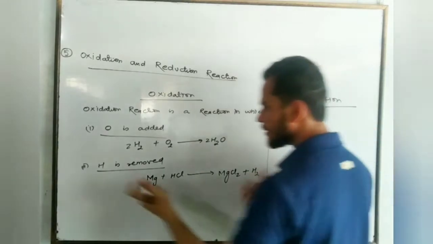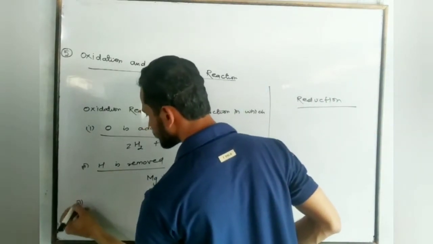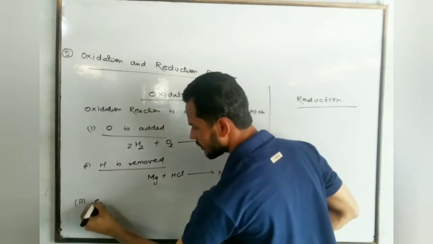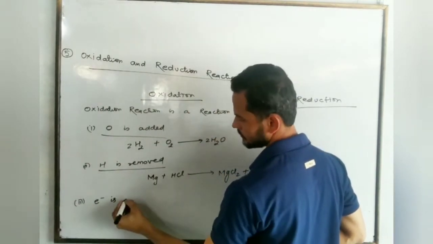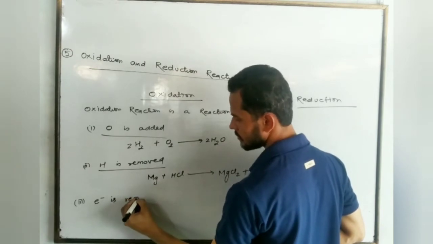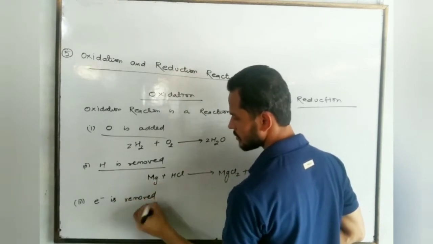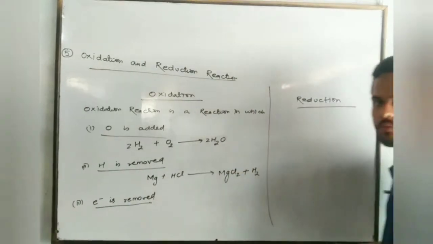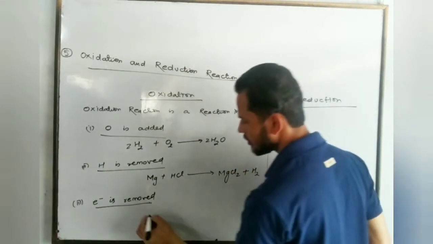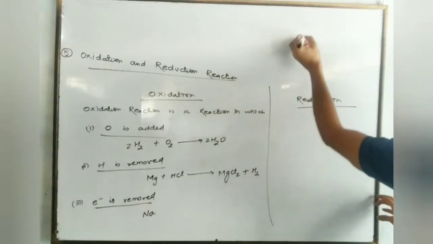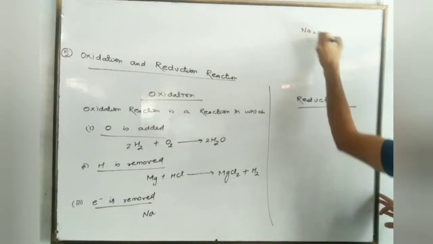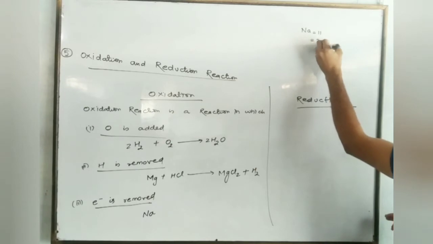Okay. And third, electron is removed. For example, if we have sodium, we know that the atomic number of sodium is 11 and the configuration is 2, 8, 1.